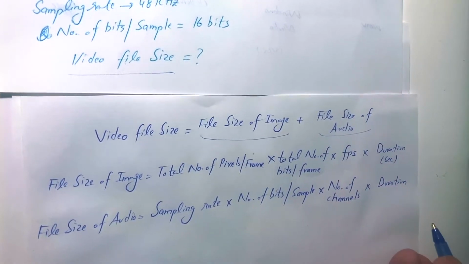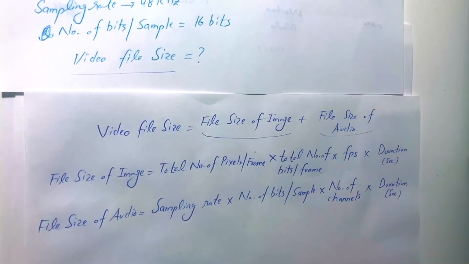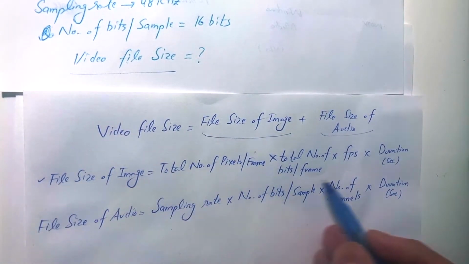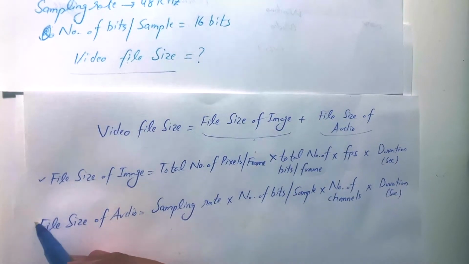The audio and video duration is going to be the same, again in seconds. So let's get started. Let's solve the image formula first, and whatever the result is, we'll put it here, and then we will solve this one.